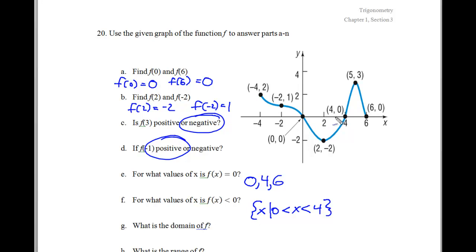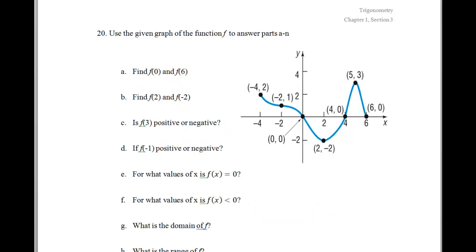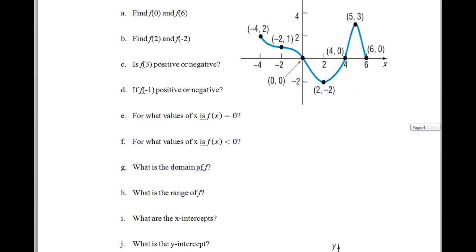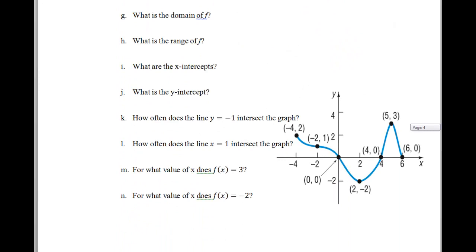Now we're going to talk about the domain, and I've actually made a second picture of this here. So as I talk about domain and range of this function, we can check it out right here. Okay, so what is the domain of f? So domain is our leftness and rightness of this graph.